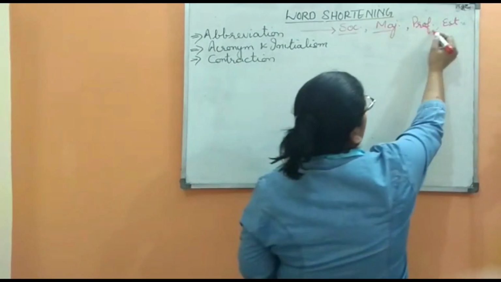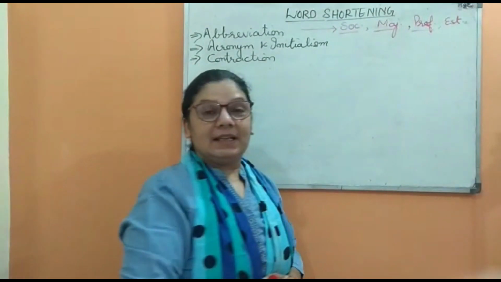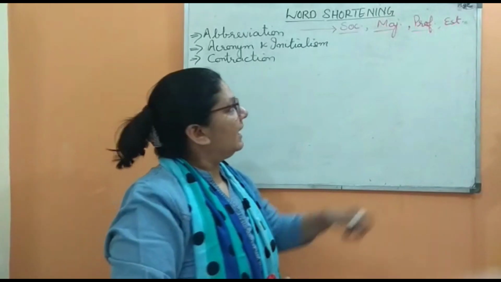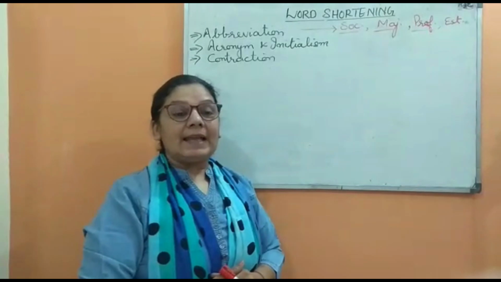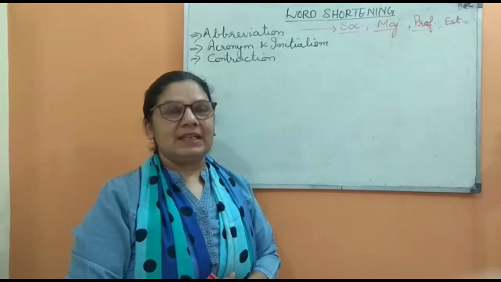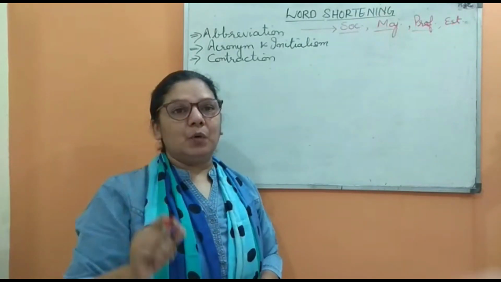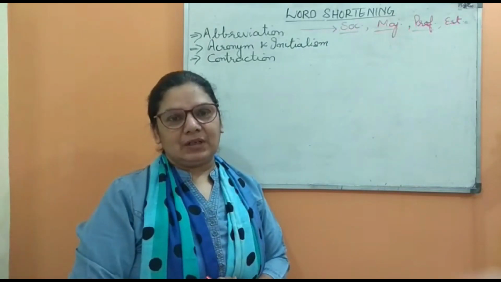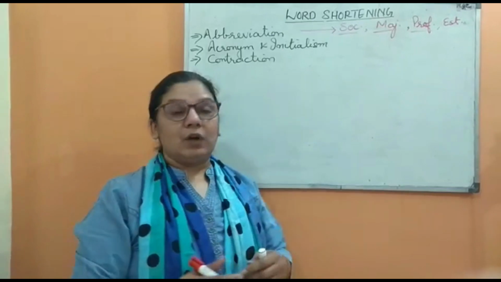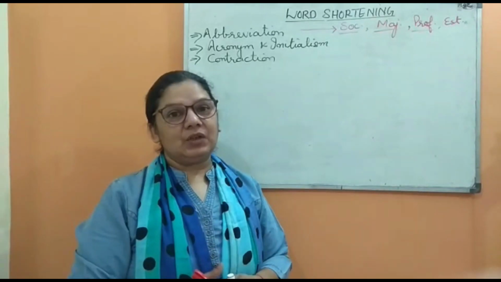PROF is for professor. And EST is an abbreviation for established. You must have seen on billboards EST with a year mentioned. It means it was established in such and such year.